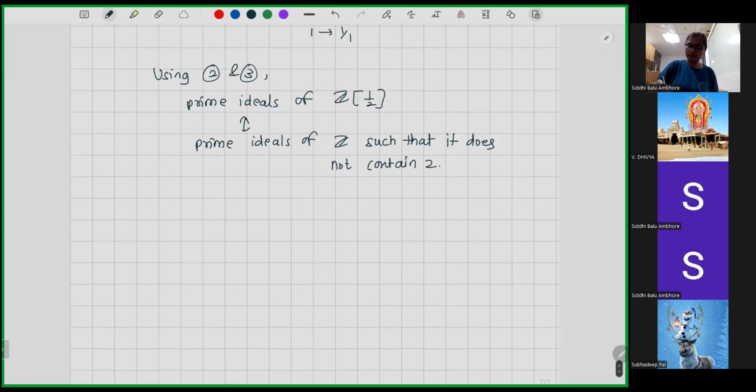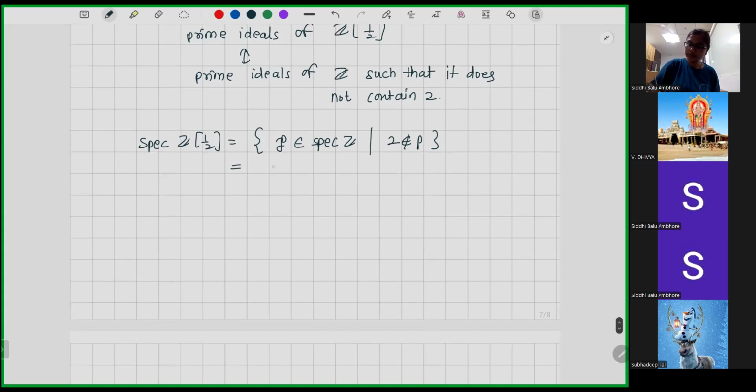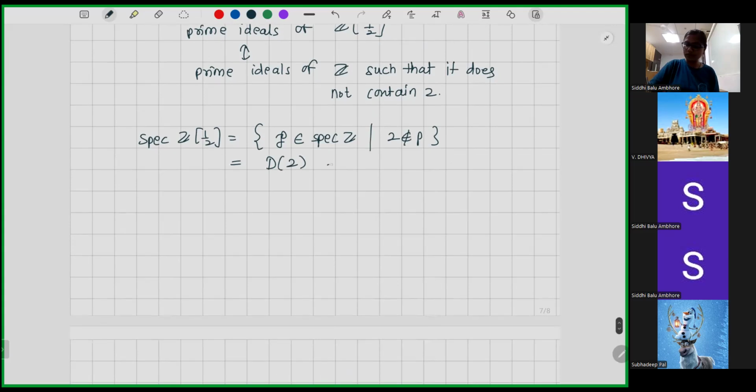So spec of Z[1/2] is actually all those P in spec Z such that 2 does not belong to P. So this is D of 2, or D of the ideal generated by 2, doesn't matter, which is spec of Z minus V of 2.